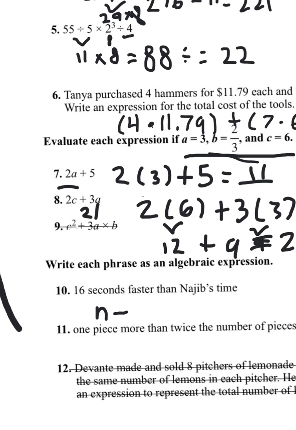So if it was slower, then it would be addition, but since it's faster, she did it in 16 seconds fewer than Najib's time. So it'd be n minus 16. Again, minus because it's faster.